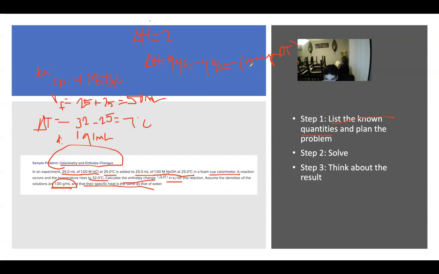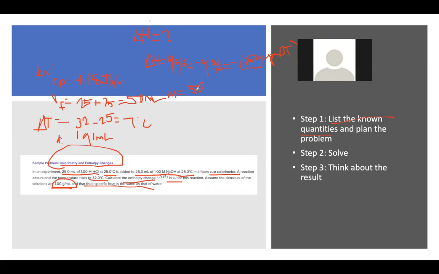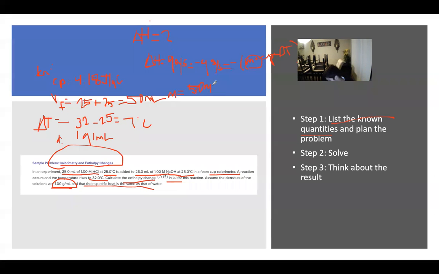First, you have to find out your mass. Your density is 1, but for mass, you have to use the volume that was given to you.